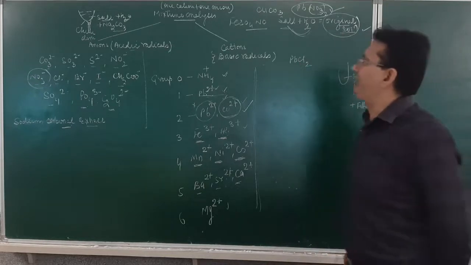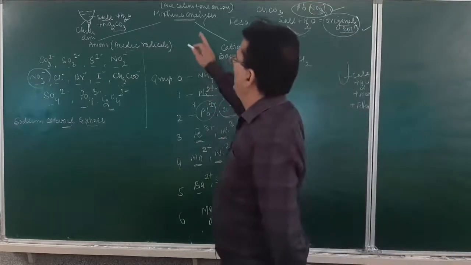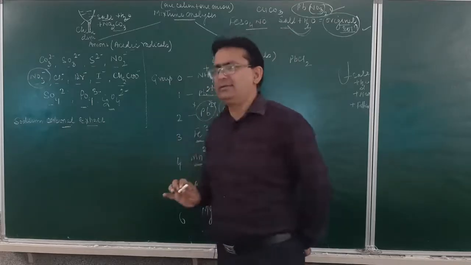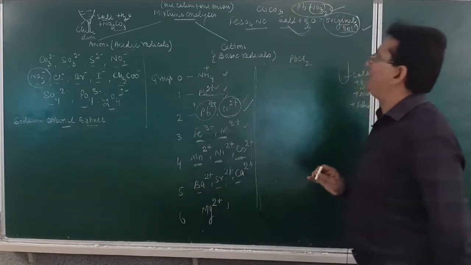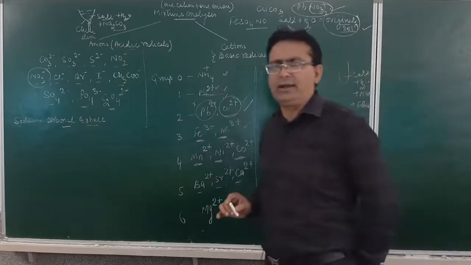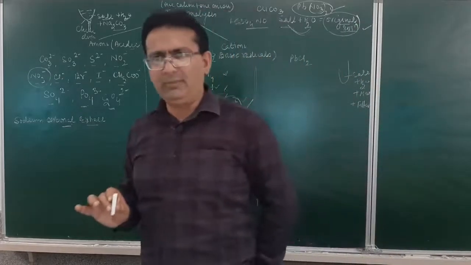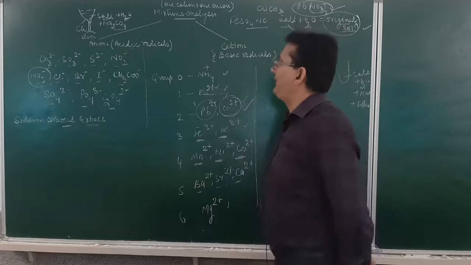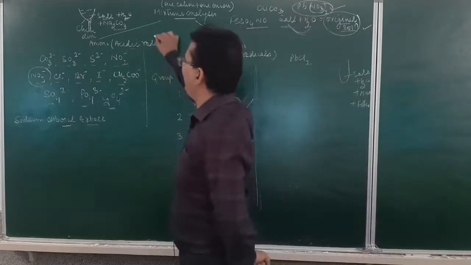As far as the mixture analysis is concerned, you will be given a salt, and that salt will contain one cation and one anion. Am I getting clear? The various anions are called acid radicals.